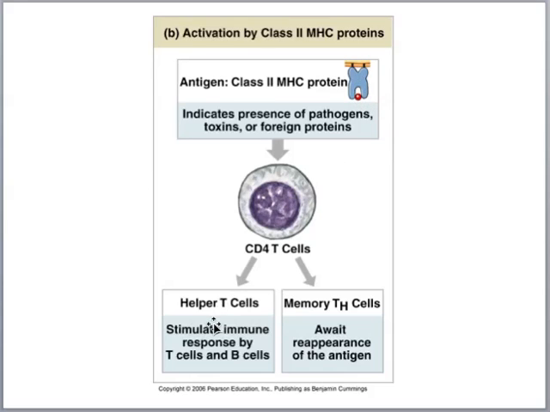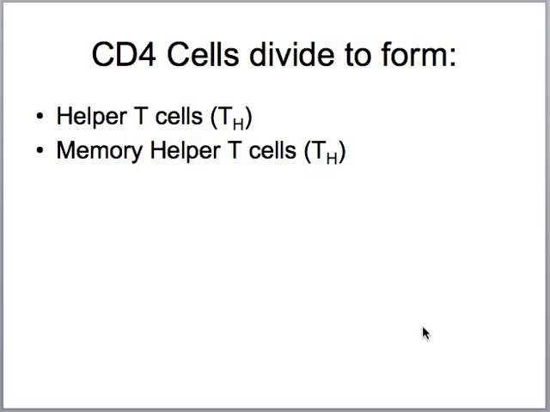They're going to produce helper Ts, which are going to stimulate a response by the T cells and B cells. And then we have the memory helper Ts that are going to wait for the appearance of the antigen again down the road. Remember, CD4s will divide to form helper Ts and memory helper Ts.